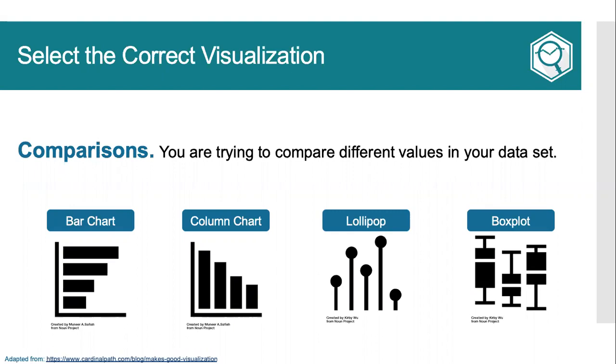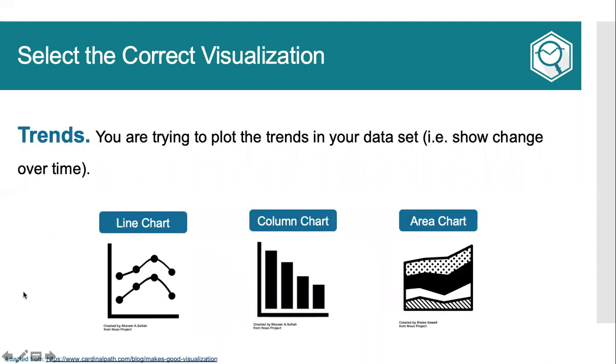One of my personal favorites is the lollipop chart, where it's essentially just a column chart, but it looks like a lollipop, or a bar chart or a box plot is also very common.